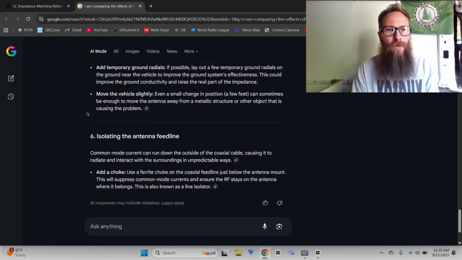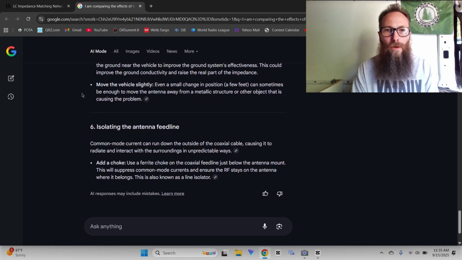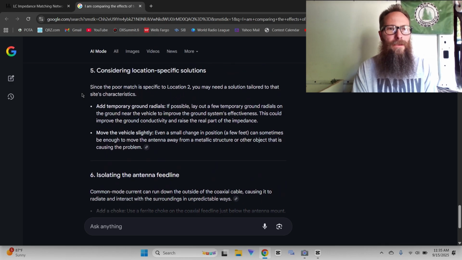Number 2, move the vehicle slightly. Even a small change in position, a few feet, can sometimes be enough to move the antenna away from a metallic structure or the object that is causing the problem. Yeah, and I have seen this.